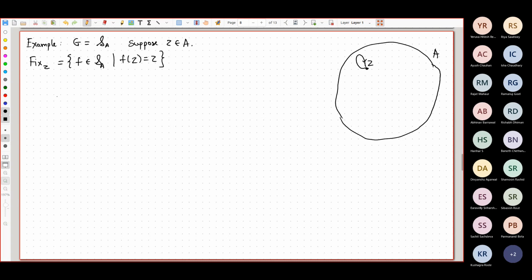Observe that this is a subgroup of G, so check that.